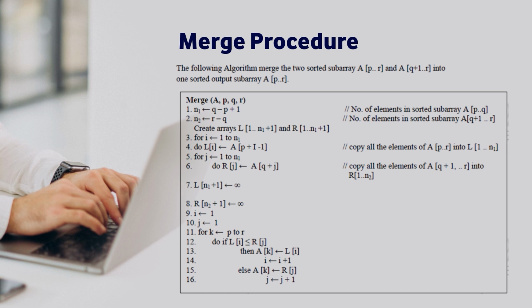Like if you have the index from 1 to 8, P will be 1 and R will be 8, and Q will be the division of the list. Suppose you have 8 elements, now Q will be the mid of the list, that is 4. So if there are 8 elements, 1 is P, 4 is Q, and 8 is R.